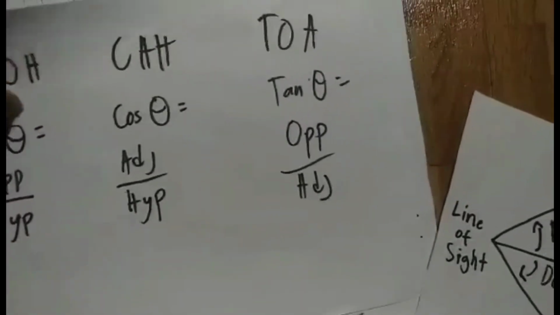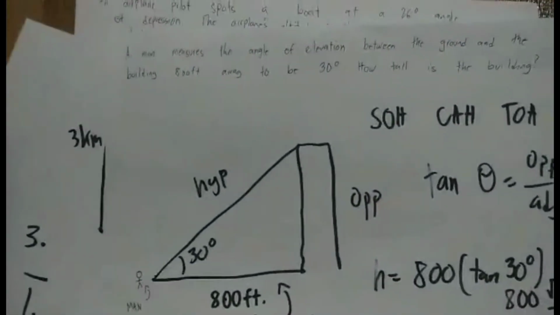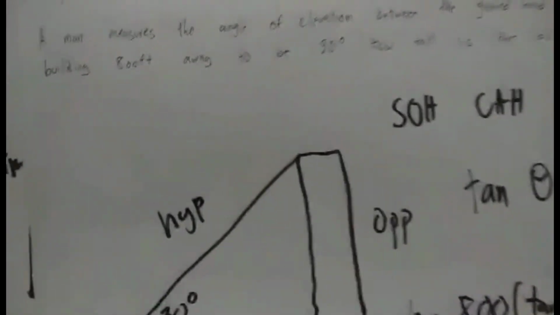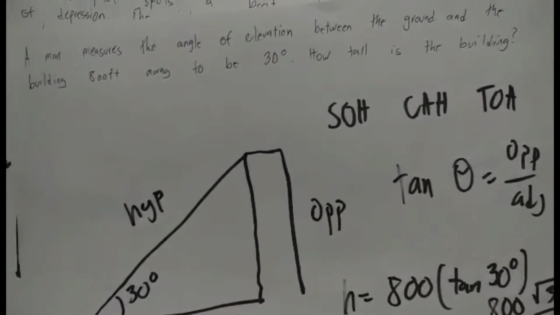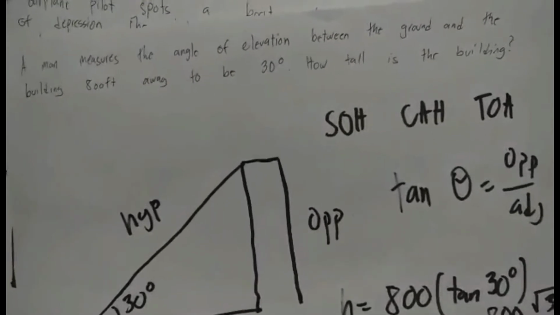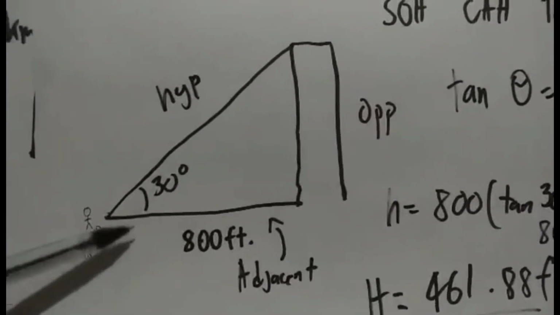So here are my examples of my explanation over angle of depression and elevation. A man measures the angle of elevation between the ground and the building 800 feet away to be 30 degrees. How tall is the building? So this is the angle.